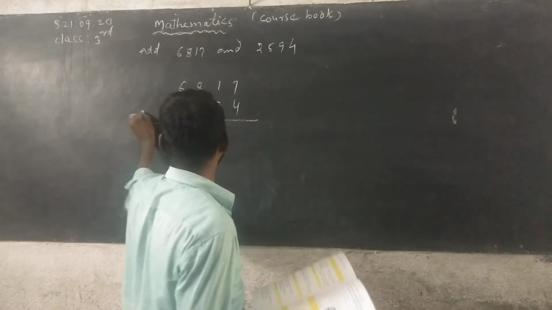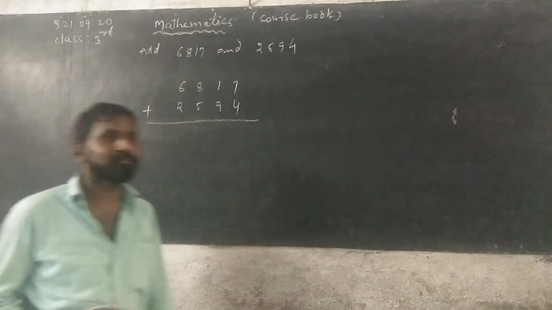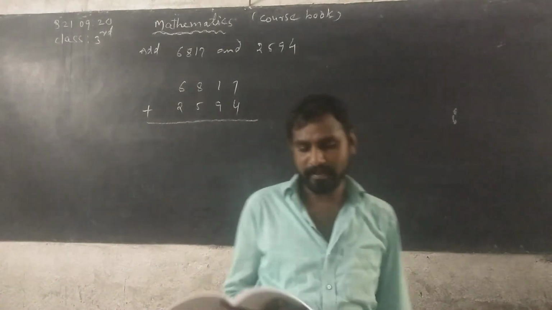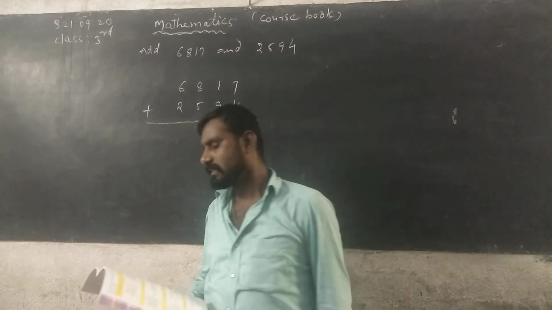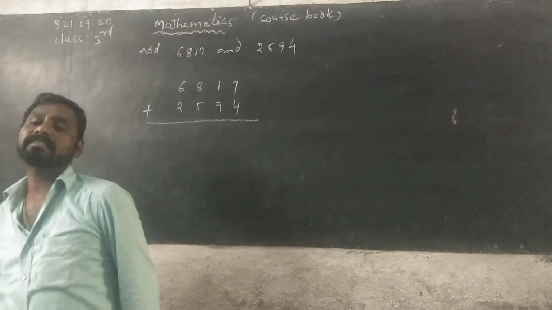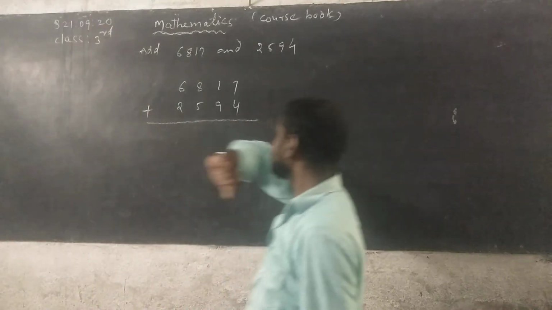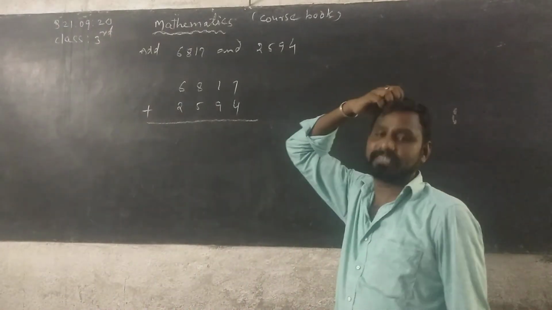Next 2,594. While you are doing the addition problem, first of all start from the right side, the ones place, and move to the next place. Add the digits in the ones column first.